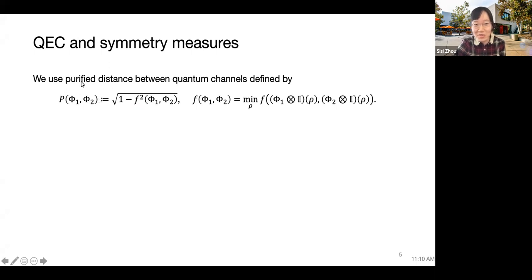That's why we use it. Now we can define the inaccuracy as the purified distance between the identity on the logical system and this error correction procedure.